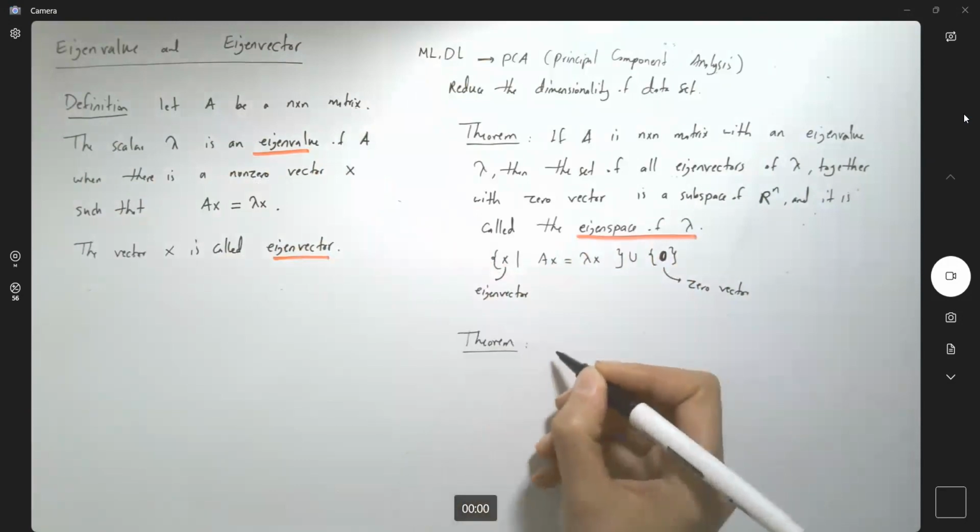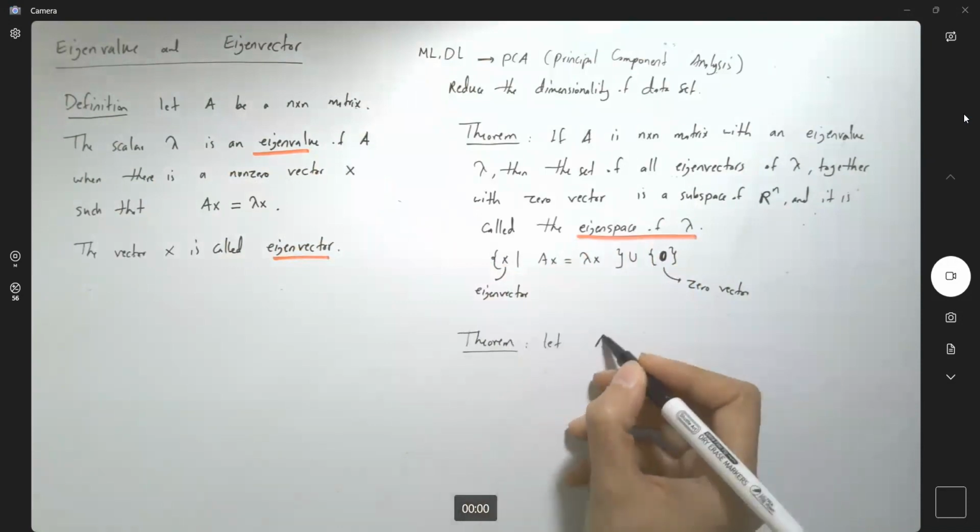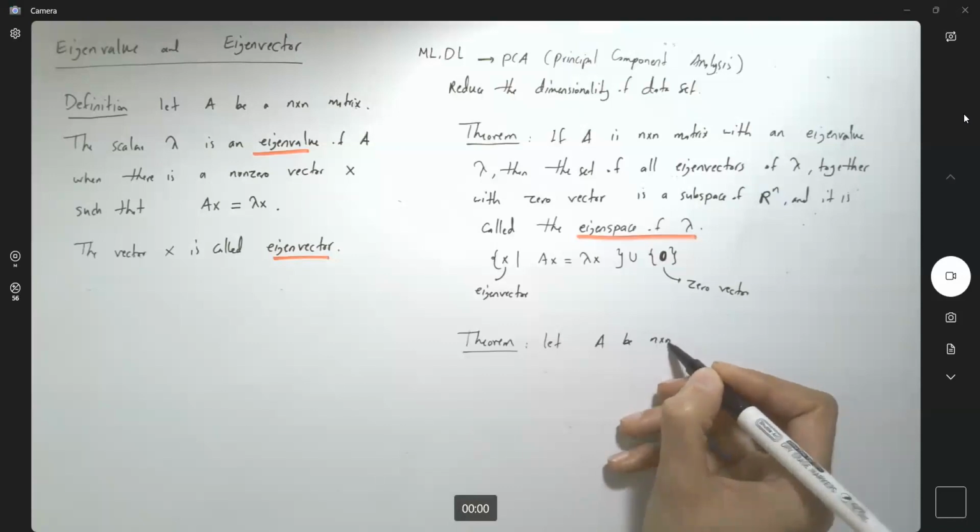This theorem says, suppose you have an n by n matrix. Let A be a square matrix.